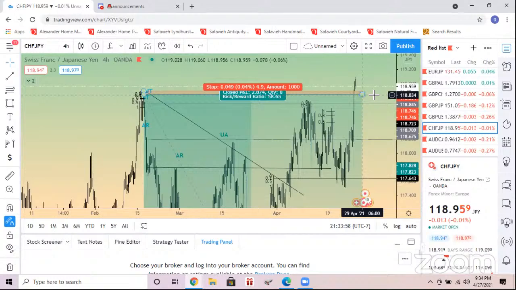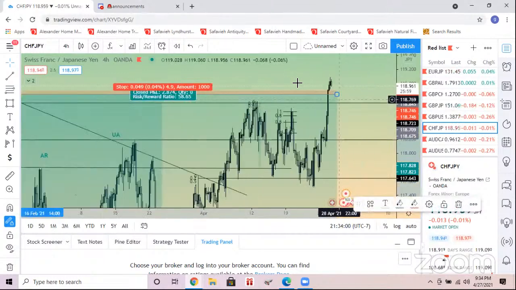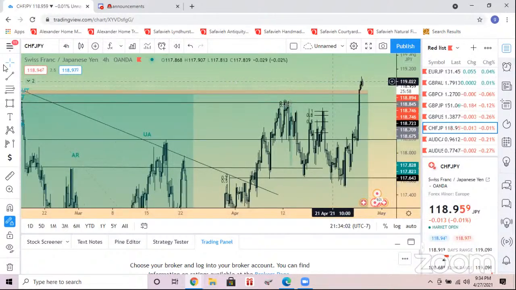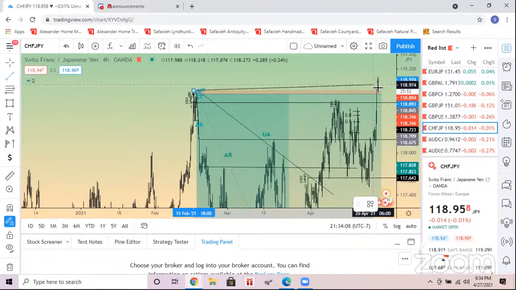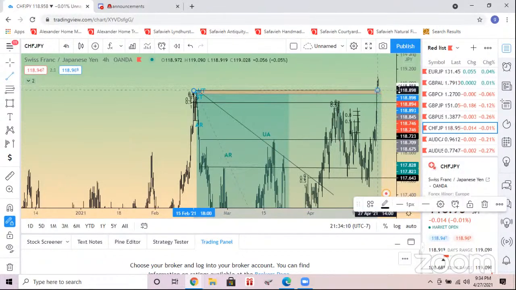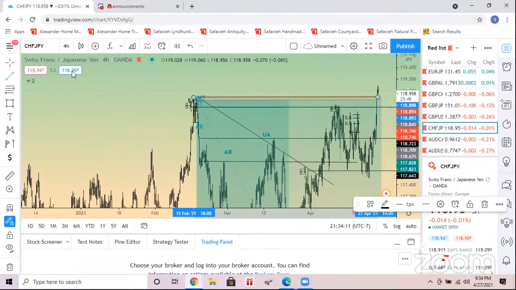Chef JPY. So our trade got stopped out, but that's just confirming the reaccumulation. Yeah, the reaccumulation. And it's on the daily.